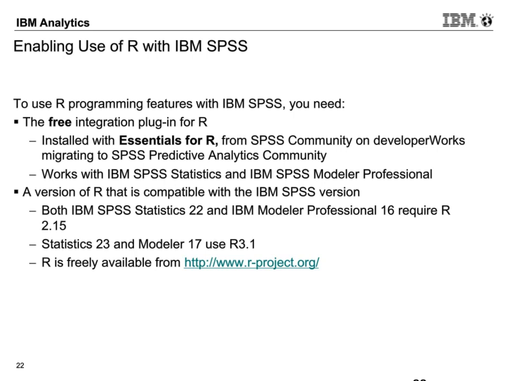Each version of statistics requires a specific version of R to work with it because of the technology we have to build it with. Statistics 22 and Modeler 16 use R 2.15. Statistics 23 and Modeler 17 use 3.1.